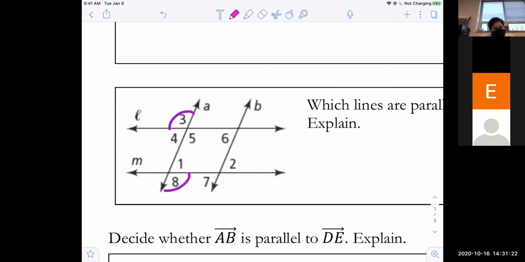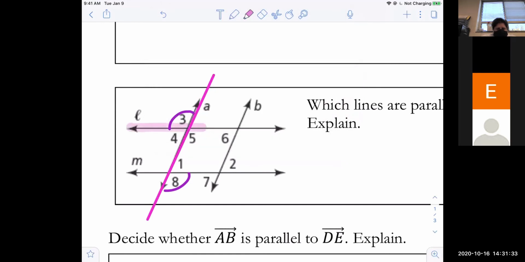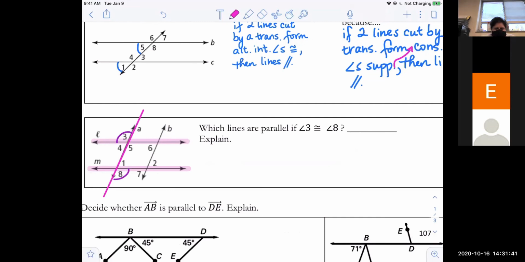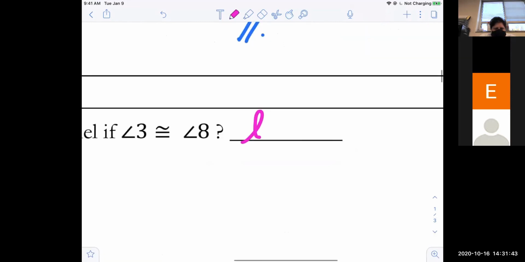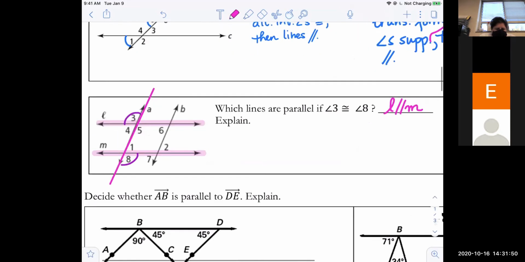Line A. So if you identify the transversal first, then that makes it a little easier to make sure that you know which lines are going to be parallel. So those are the lines and the transversal that form those two angles. So that would make L parallel to M, because, if, tell me the statement, Allison.